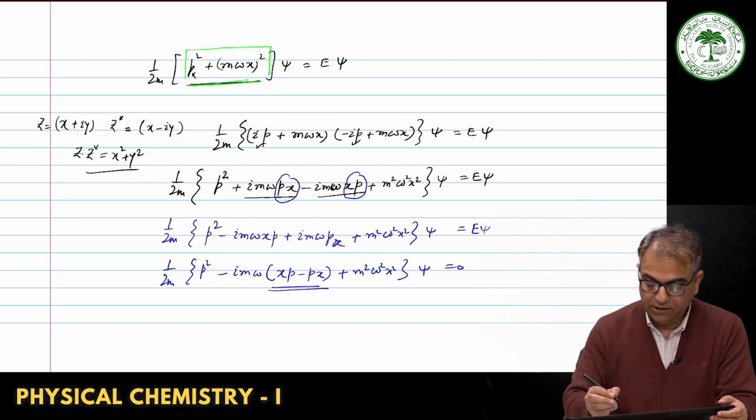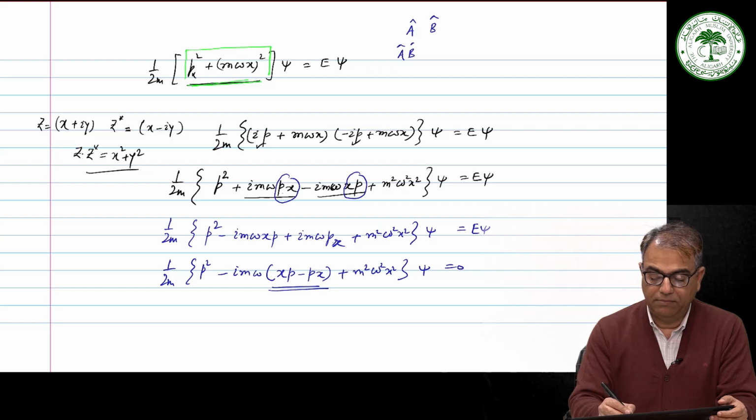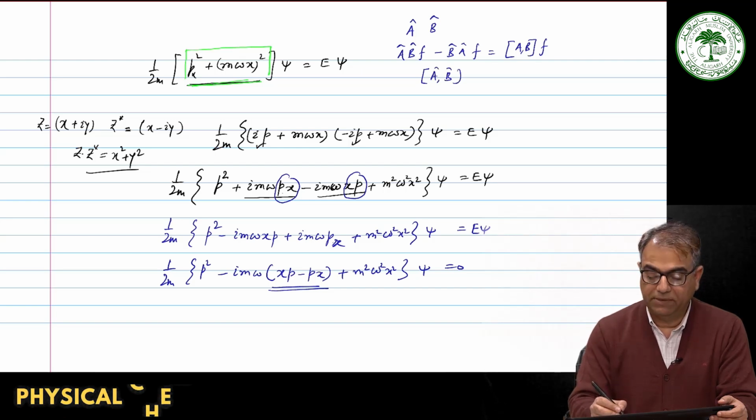In a commutator, if you have operator A and operator B, then A operating on a function and then B operating on it, and the difference of the two, whatever you get is called the commutator of A and B on the function. So, a commutator is always written within a bracket with a comma separating the two operators.